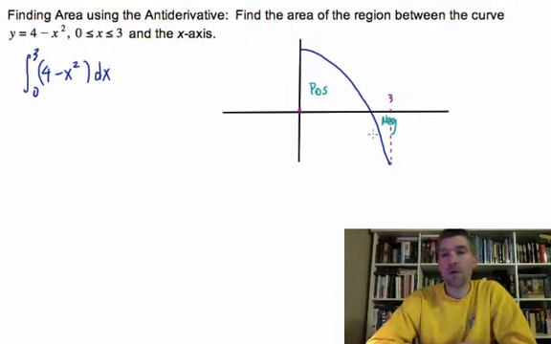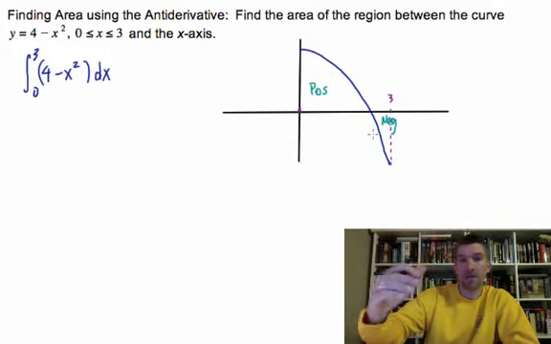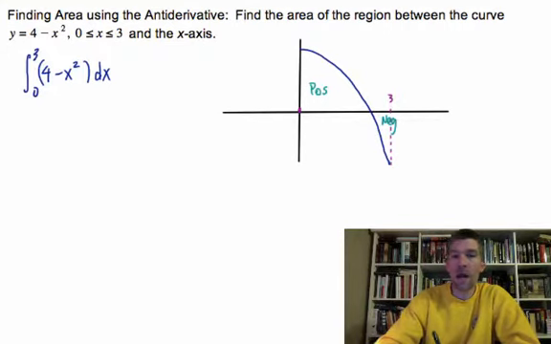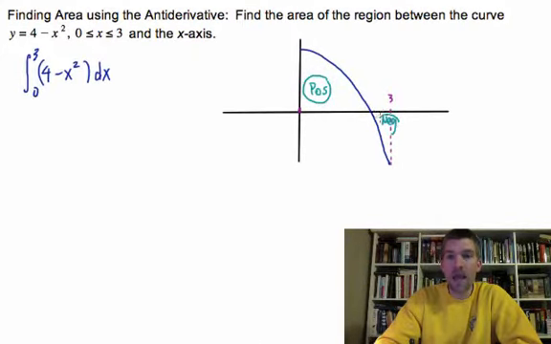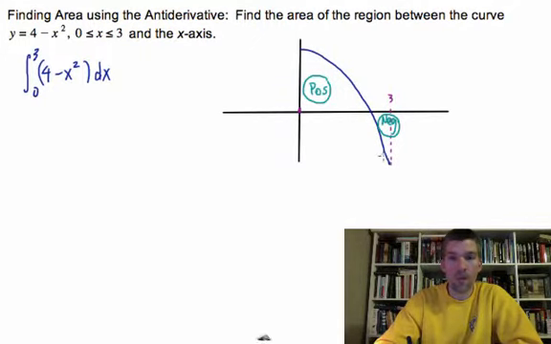And so if you look at your calculator, what it's doing is it's combining both of those together. So it's going to do positive minus negative. But if we're asked to actually find the area under the curve, what I need is the total area. I need the absolute value of this area and the absolute value of this area.